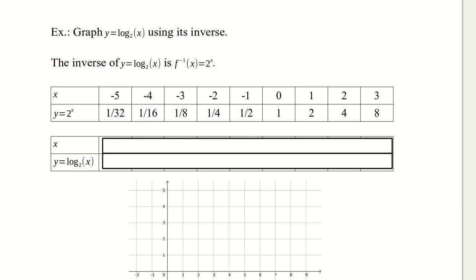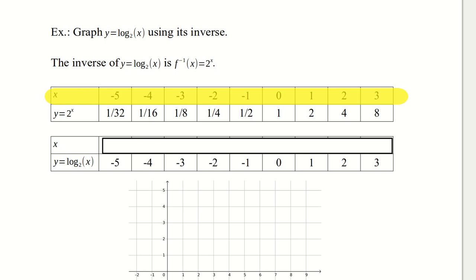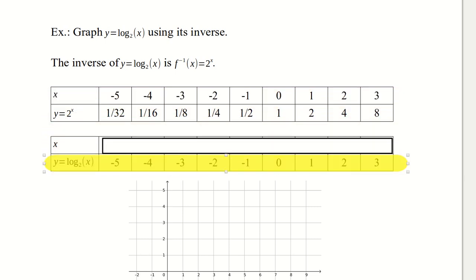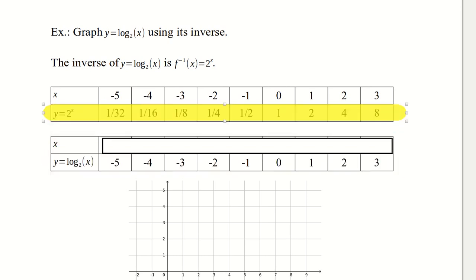Now notice that the inverse swaps the roles of x and y. So where I see an x in the inverse function, I'm going to see a y in the inverse function. There's the x's becoming y's, and similarly, where I see a y, that is an output in the inverse function, I'm going to see an x in the function itself.